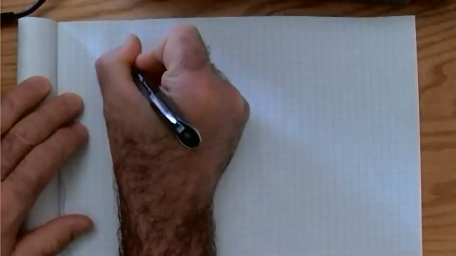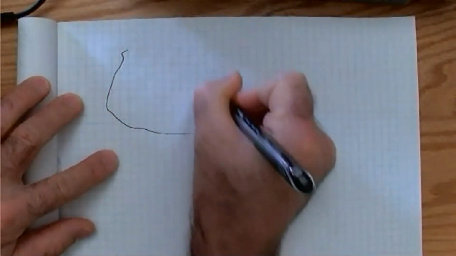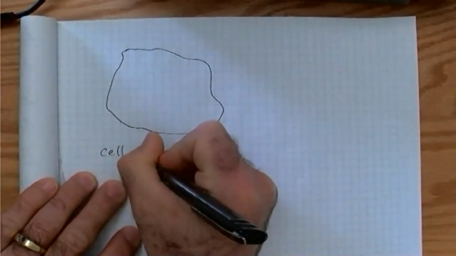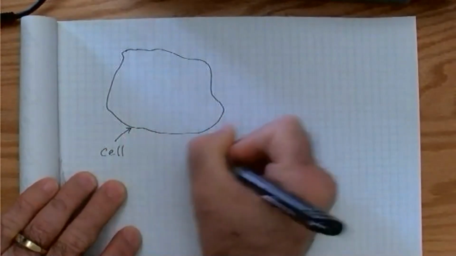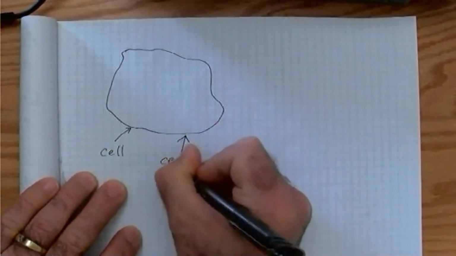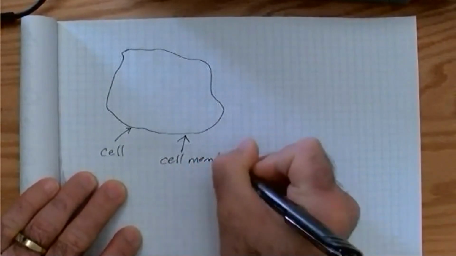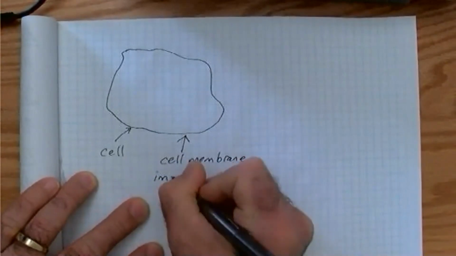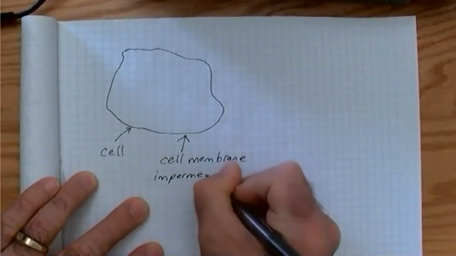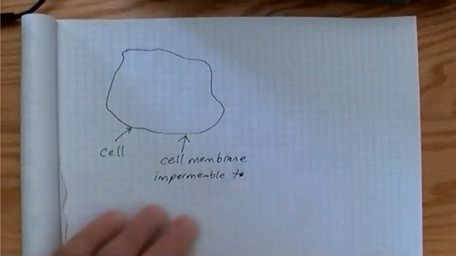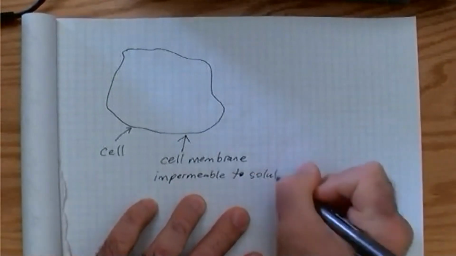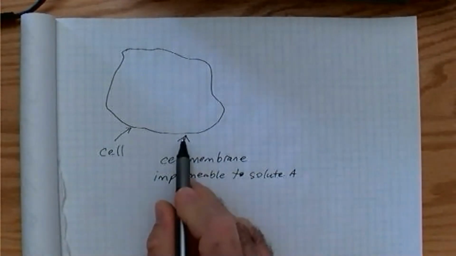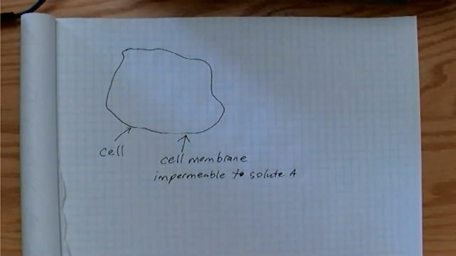According to the question, it starts off with a cell. We're not told whether it's an animal cell or a plant cell. We're also told that the cell membrane is impermeable to solute A. What that means is this cell membrane will not allow solute A to pass through.